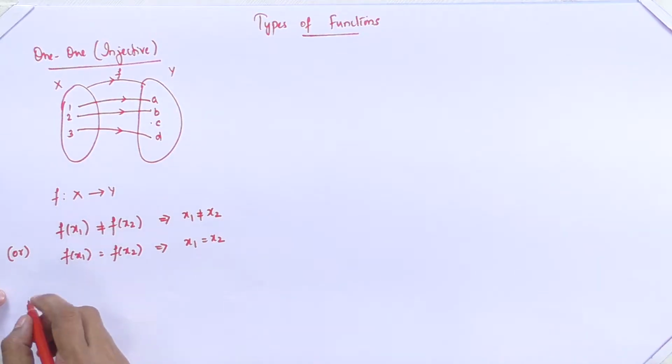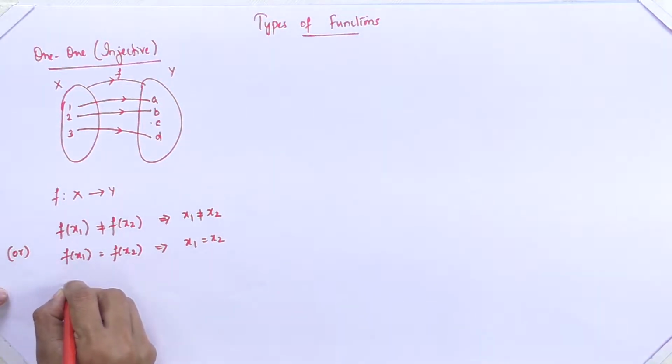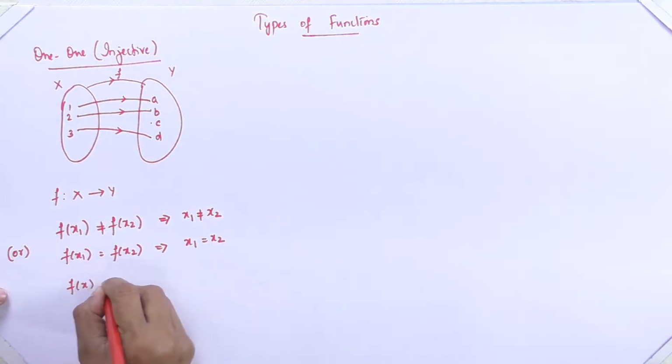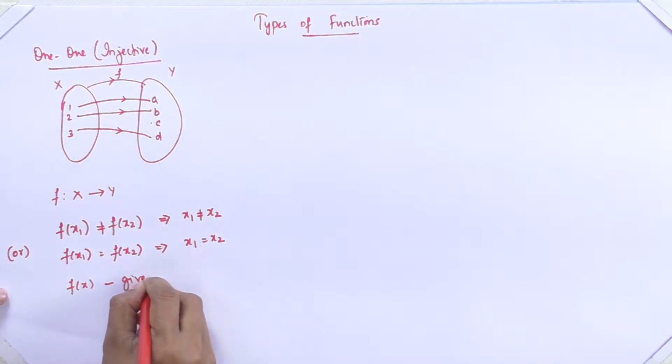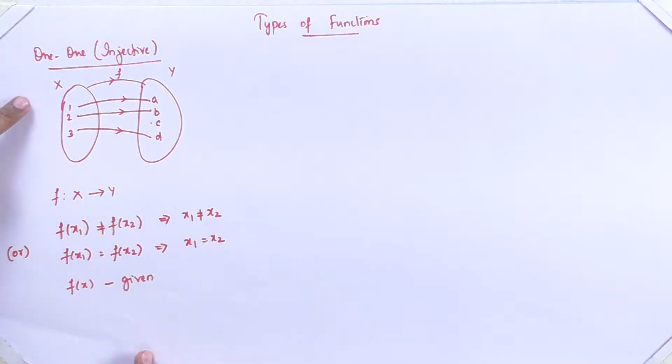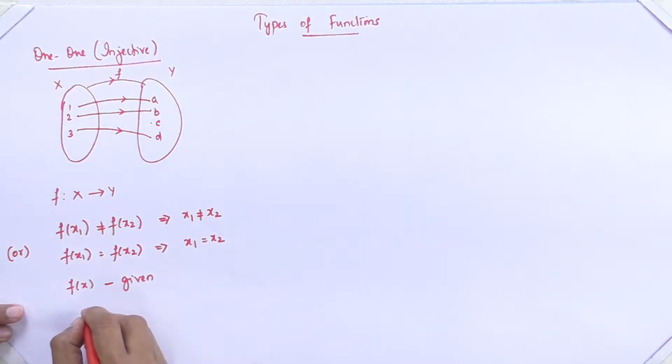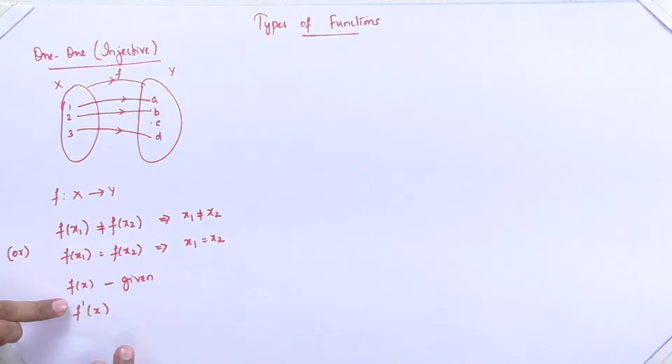Or the other way is that, suppose a function f of x is given, and we are supposed to find out whether this is a one-to-one function or not, we will have to find the derivative of this function, f dash of x.